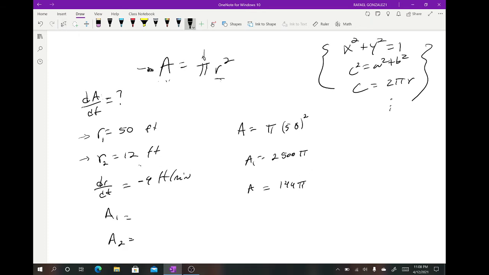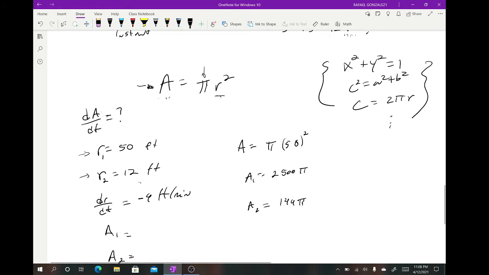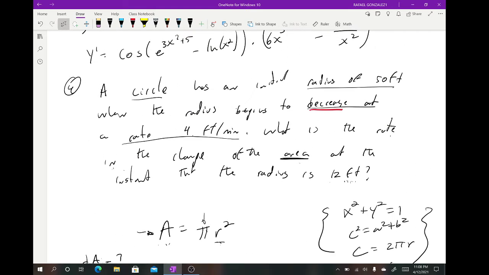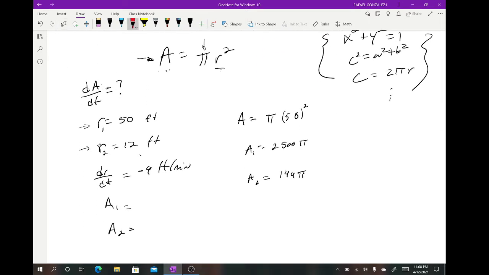Let me call this A1 and A2. Now I'm ready to go because I have all of the possible information that I might need. I always try to get as much information as possible when doing a problem like this. Now I'm looking for the rate of change of the area when the radius is 12 feet, which means that I'm working on this R2, and when the radius is 12 feet, we know that the area of the circle is 144 pi.